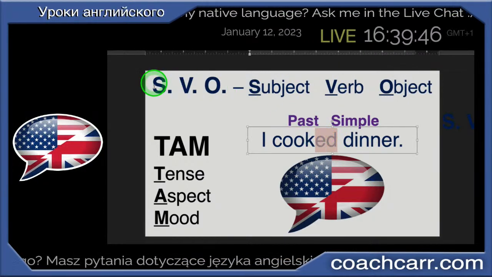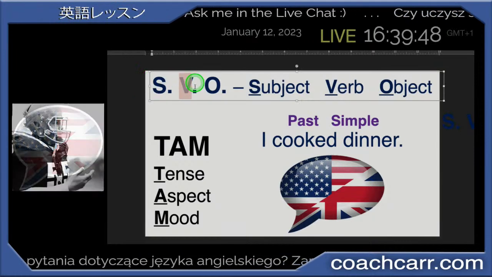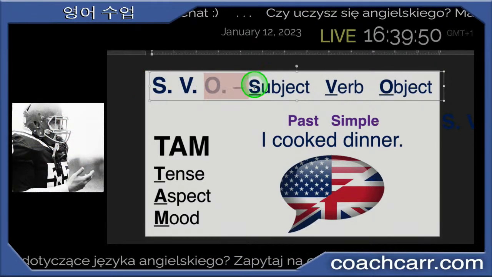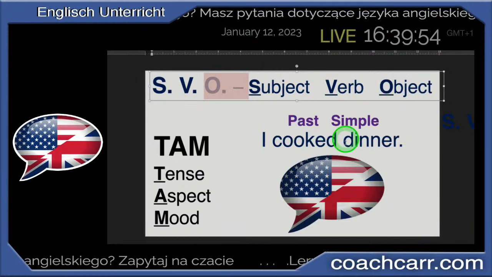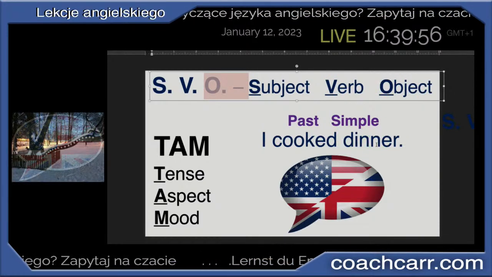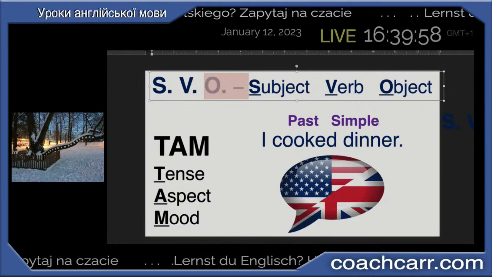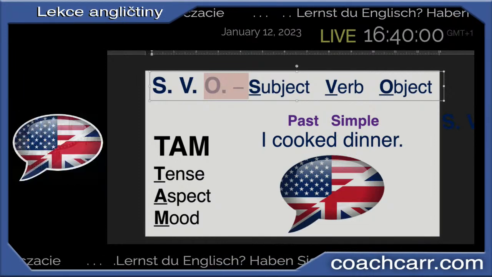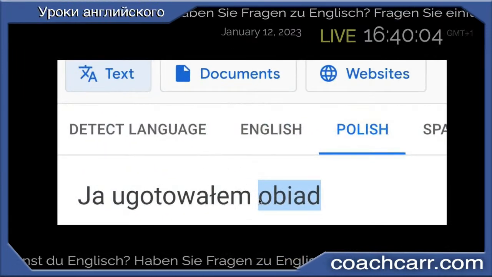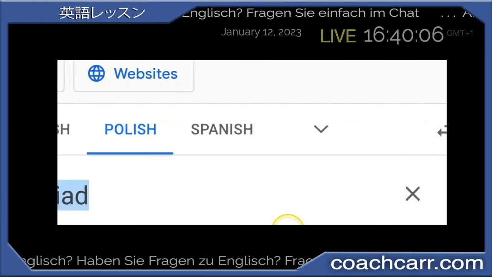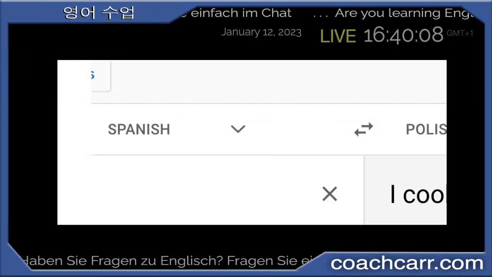We go S, V, O. Subject, verb, object. S, V, O. Right? It even works that way in Polish. Subject, verb, object.